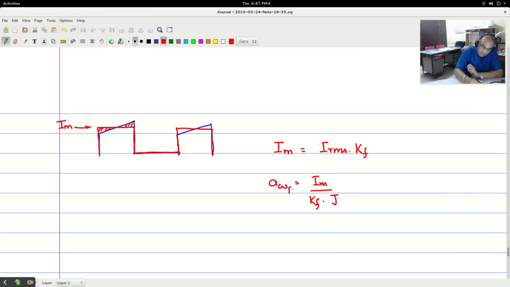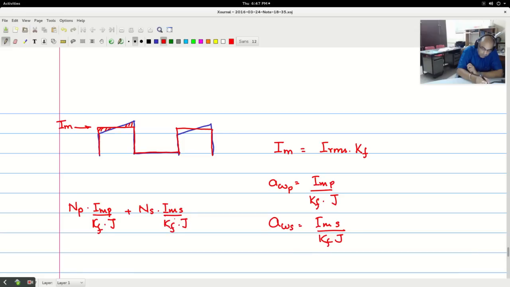So if it is for the primary, this will be Im for the primary. If it is for the secondary, it will be Im for the secondary by Kf J, and so on. And all this: Np, number of turns, into Imp by Kf J, plus Ns, number of turns, Ims by Kf J, should all be less than Kw Aw.